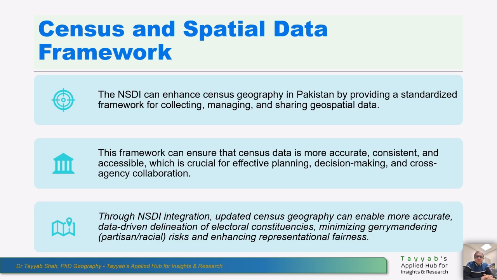This framework can ensure that census data is more accurate, so that's one of the things we can get: more accuracy, and consistent and accessible data too. These are the major goals, which are crucial for effective planning, decision making, and cross-agency collaboration.